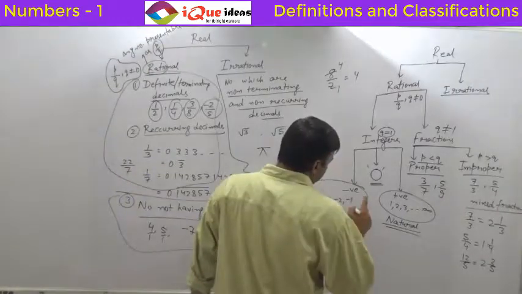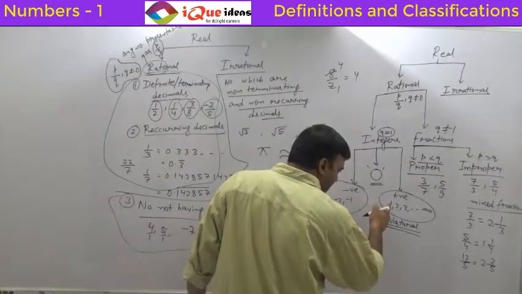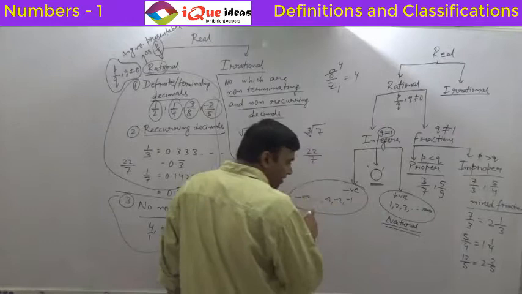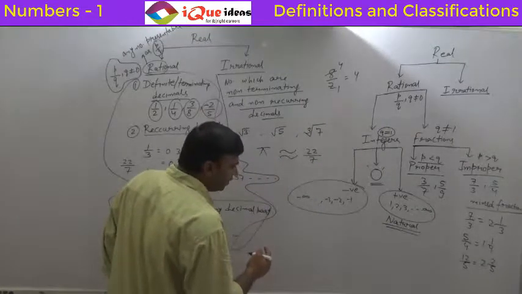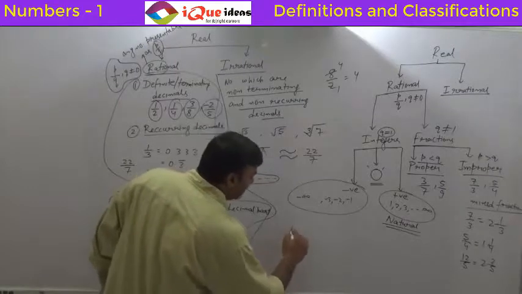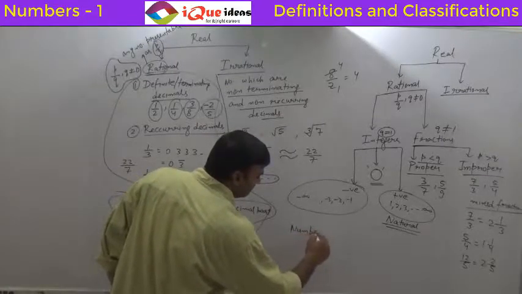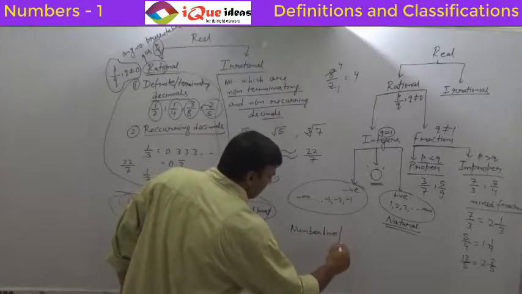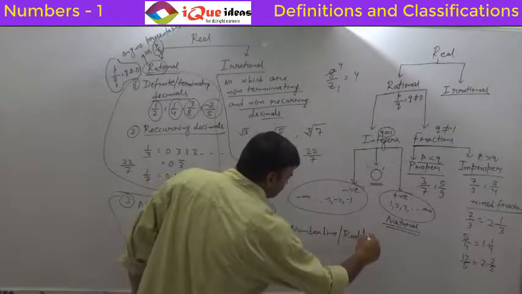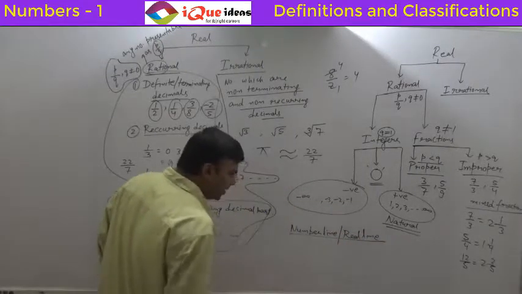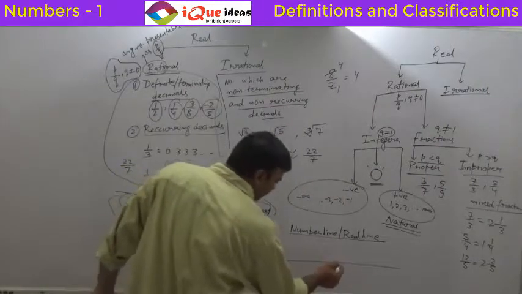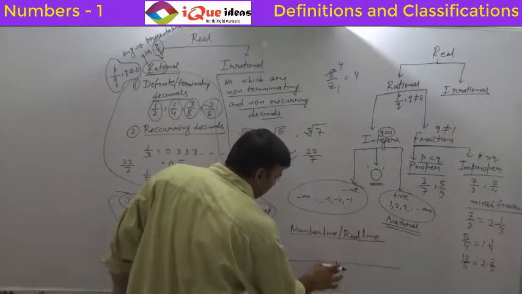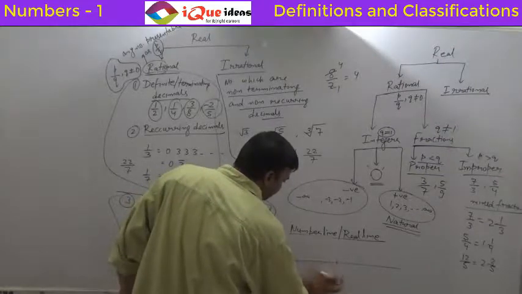Okay. Now I said here, the smallest positive integer is 1. The largest negative integer is -1. Before going ahead, there is just one small thing that I would like to add. There is something called the number line or real line. Now what do you mean by number line or real line? It is just an infinite length line in which we take one reference point and we name it 0, or we assign a value 0 to that reference point.